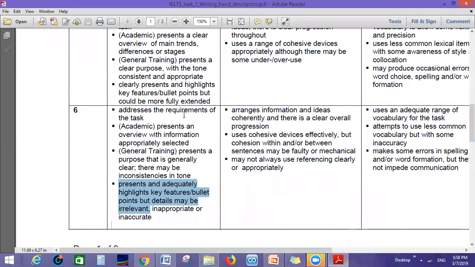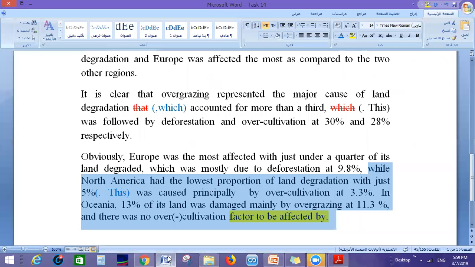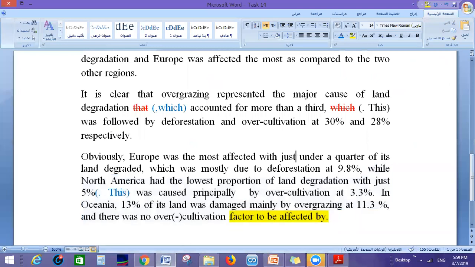Yeah. So here, what do we have? Presents and adequately highlights key features. So it's very important that you present the key feature and highlight the key features within the body. So while North America had the lowest proportion of land degradation, with just 5%.